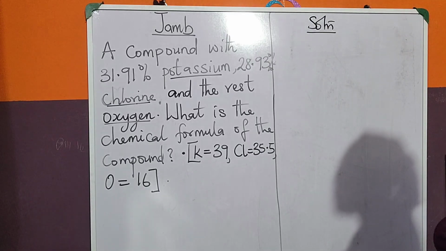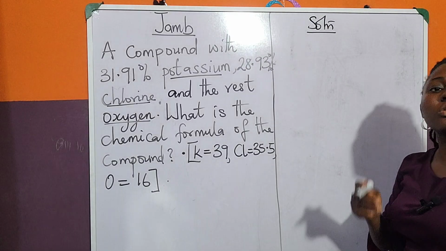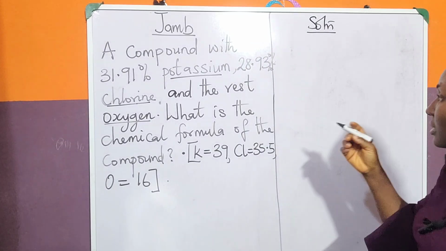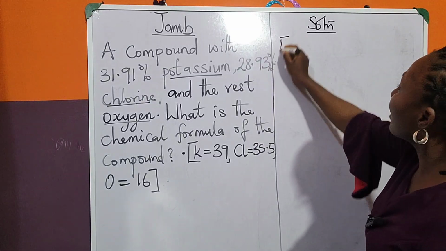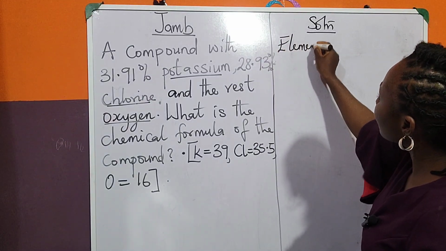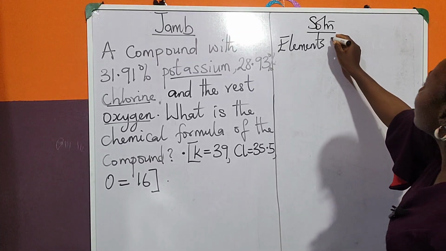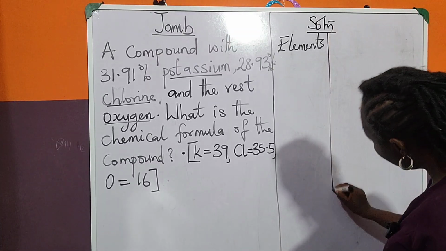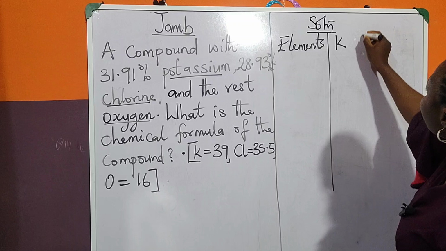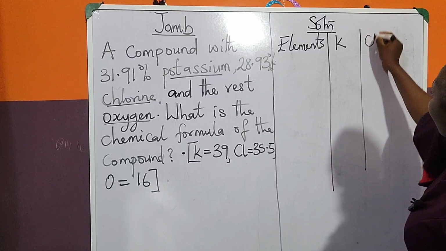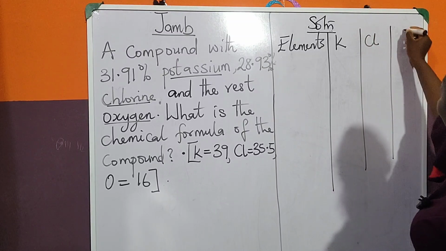So the solution. The first thing you will do is to list out the elements contained here. It contains 3 elements: potassium, chlorine, and oxygen.